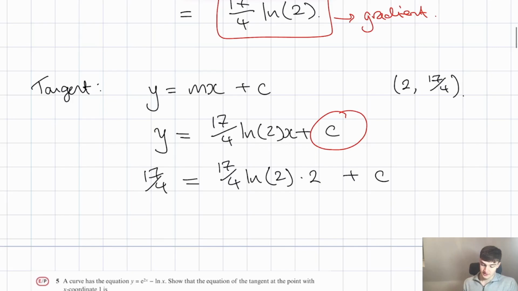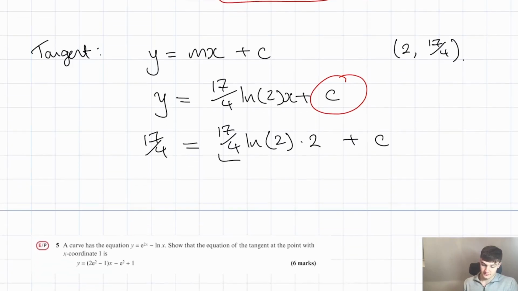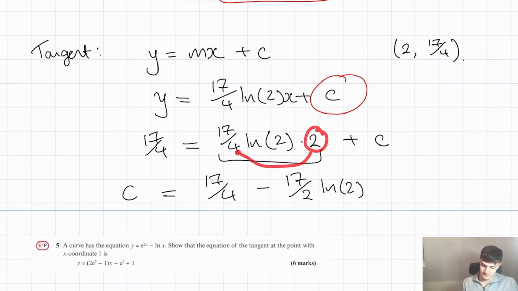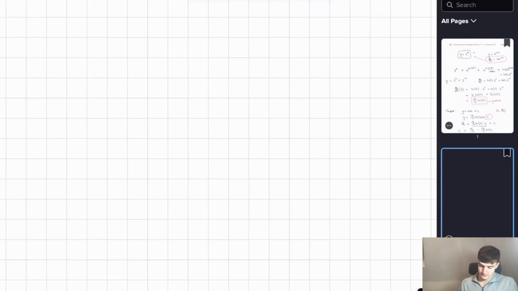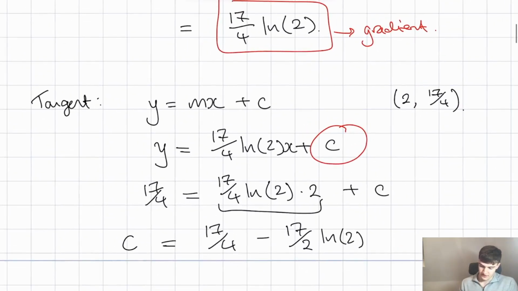If I take this away to the other side, I get that c is equal to 17 over 4 minus 17 over 2 ln 2, where I've multiplied this into here. You could factorize this a little bit if you wanted to, but we don't really need to. So that's our value for c.